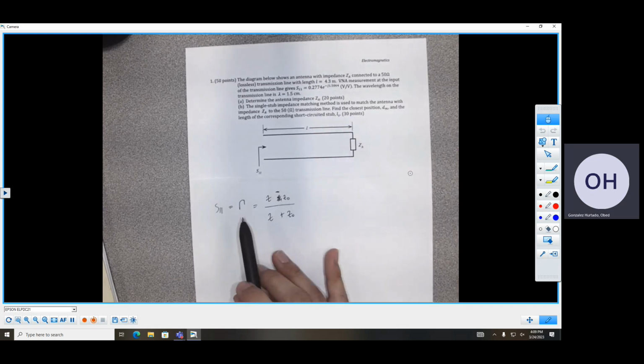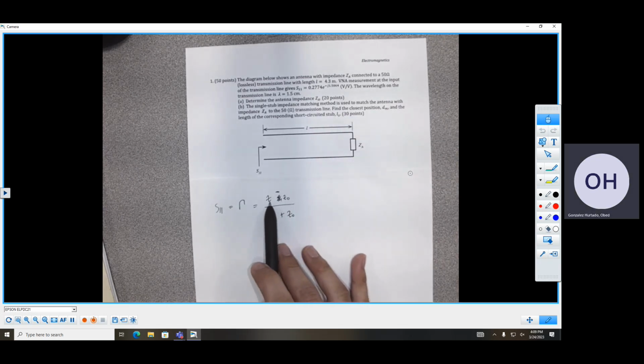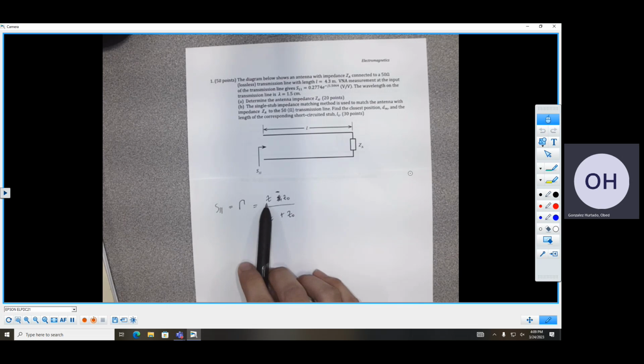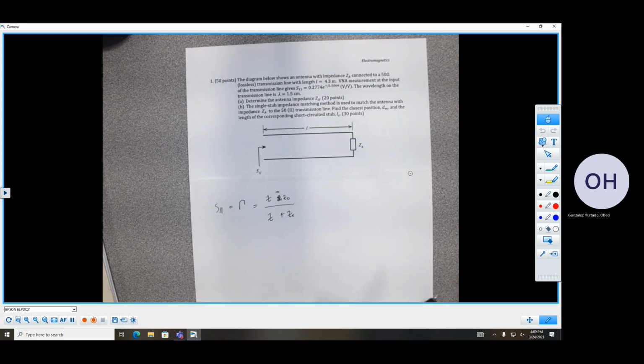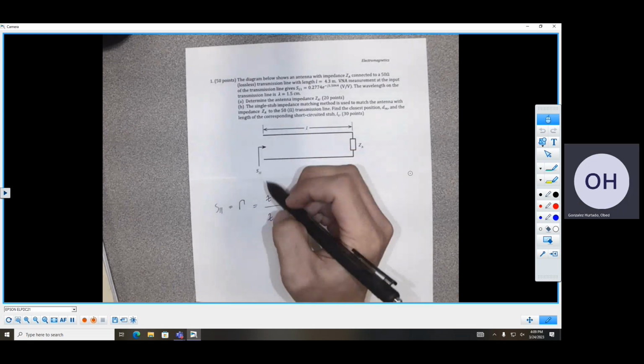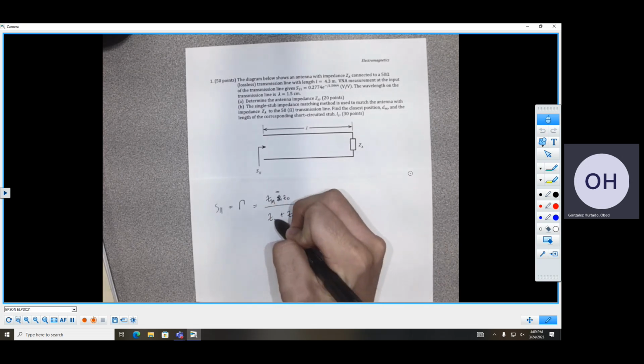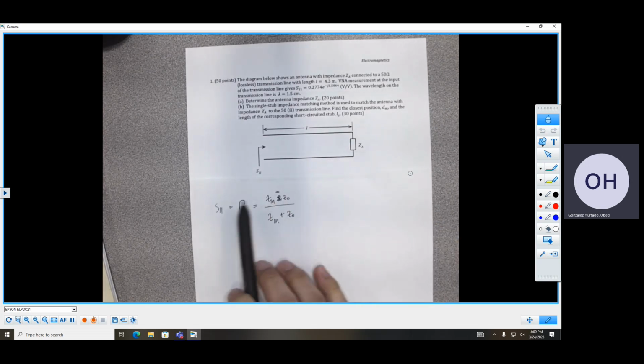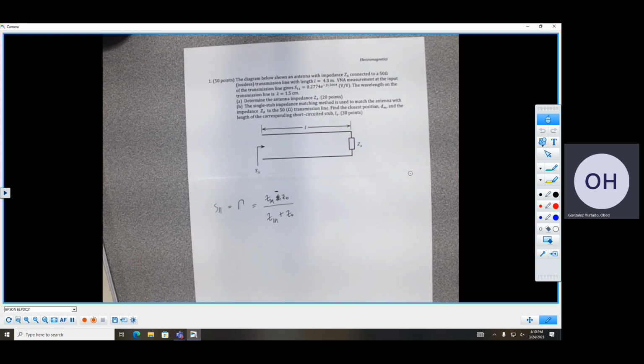So with that in mind, can we say that this impedance is ZL? No, why can it not be ZL? What else do we need to include? Yeah, because we need to include the transmission line itself when setting S11 equal to gamma.